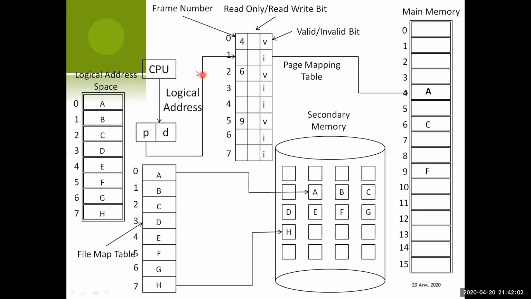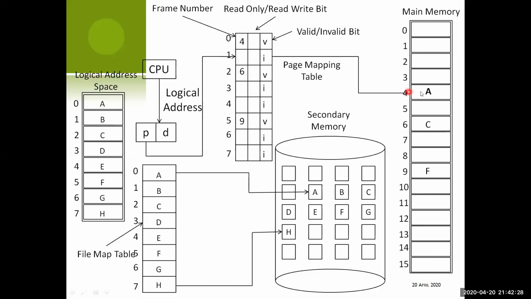Now the operating system will refer to the file map table to find where this particular page B is present in the secondary memory. After locating the page in the secondary memory, it checks in the main memory whether there is a free frame present or not.